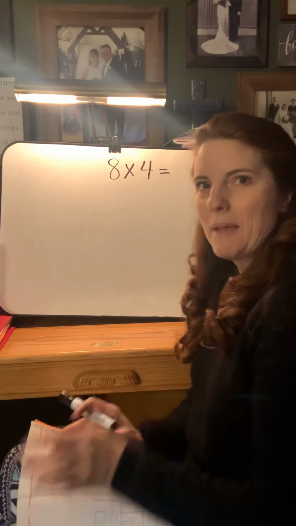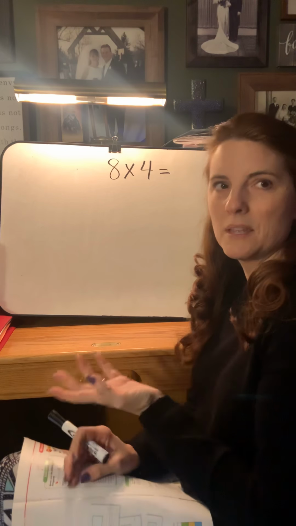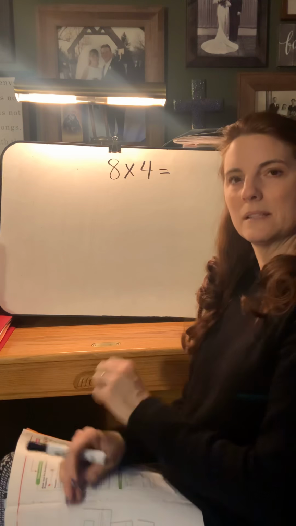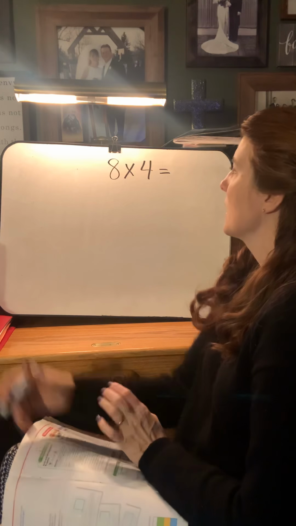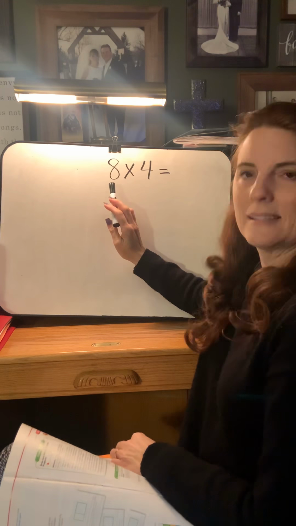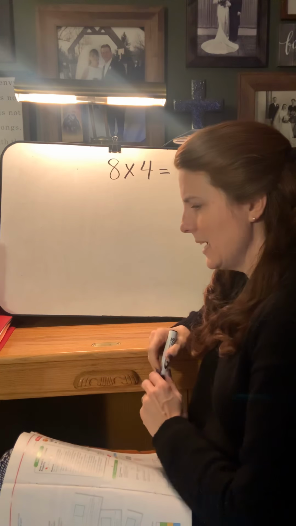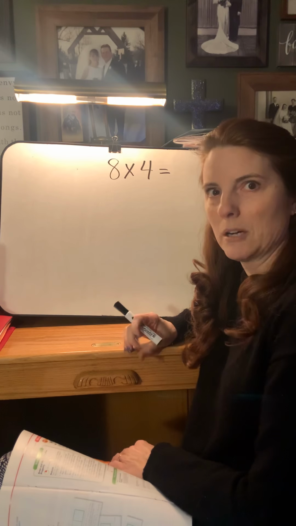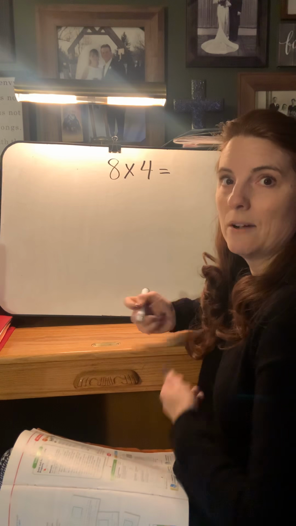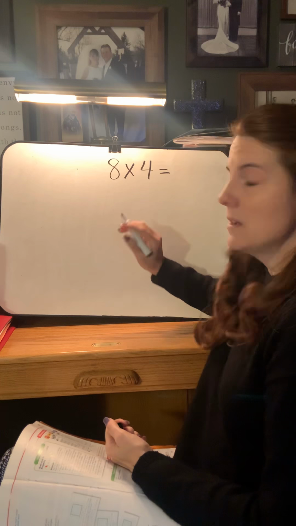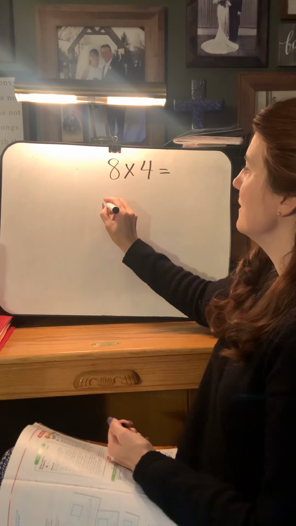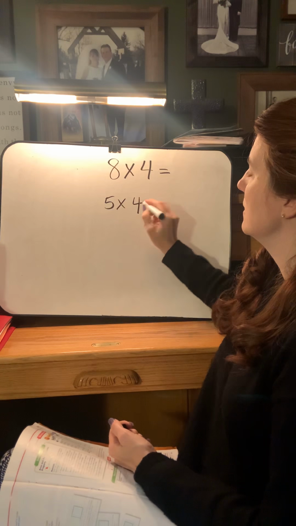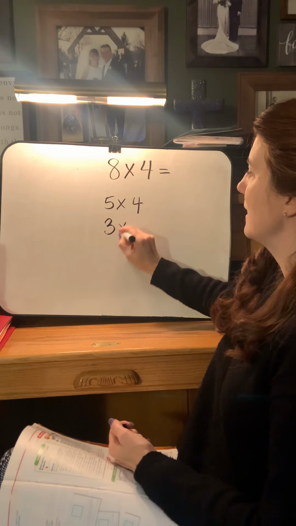Before we even talk about today's math lesson, I want to go back and think about something that we have talked about and something that Mrs. Kling has talked to us about. Let's say 8 times 4. If 8s aren't your best number, we've talked about how instead of 8 times 4, you could do 5 times 4 and 3 times 4.